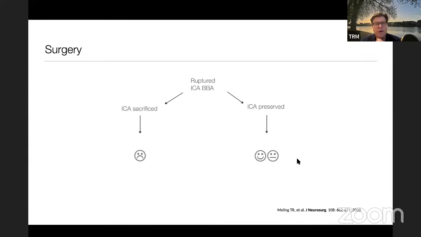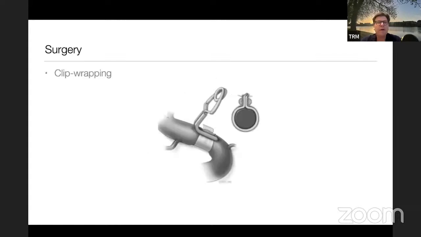Most of them died, and one had a poor Glasgow outcome score. If preserved, outcome was as with any subarachnoid hemorrhage, good for some. Whether the ECIC bypass can push that ICA sacrifice group into this standard group is a question. Direct clipping can do it, and clip wrapping.